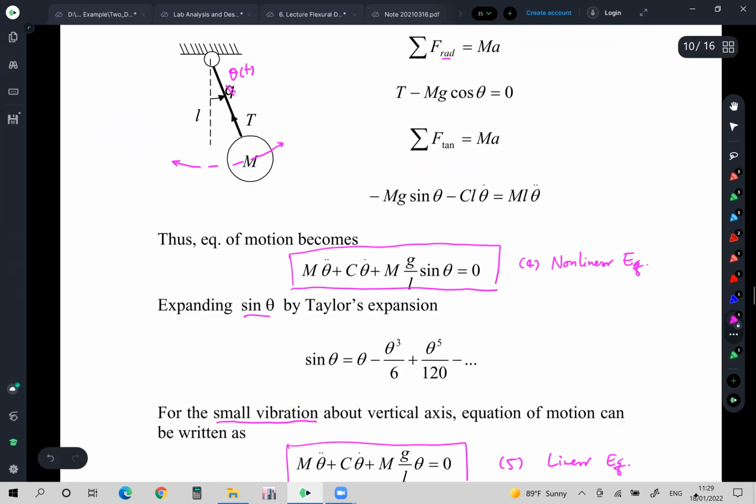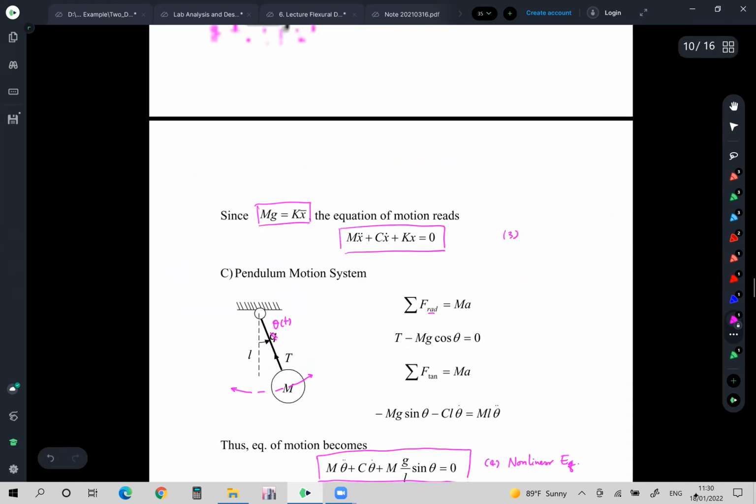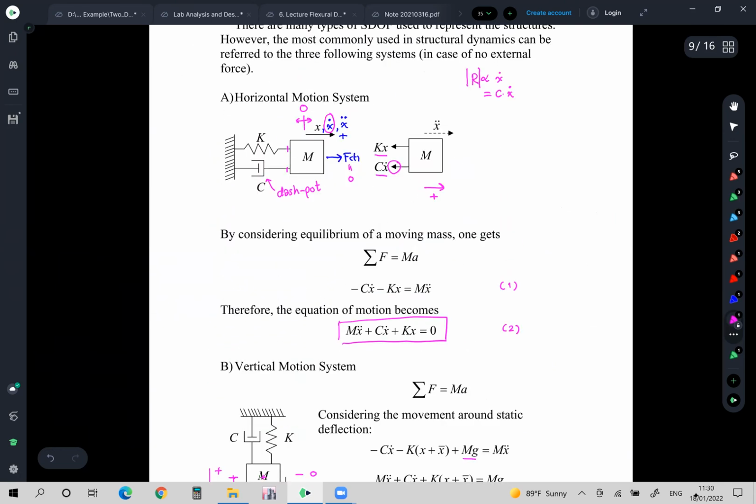Okay, I would like to stop here. What we have done so far is to explain how we represent the actual building or structure by a physical model. From that physical model, we represent it by a mathematical model, and we solve the mathematical model to obtain the solution and relate it back to the physical model and the actual structure, how it moves with time.